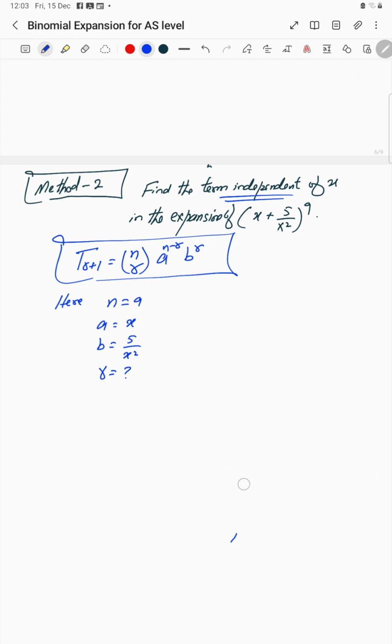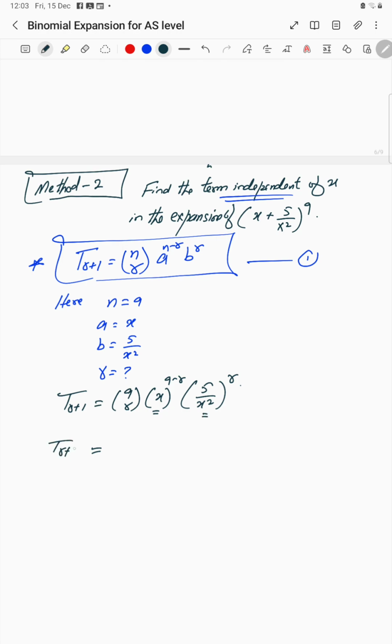So here we apply the rule in this equation 1. This is the rule. So what comes? T(r+1) is equal to 9Cr. A is what? x raised to power 9 minus r. B is 5 over x² power r. We need to write only one term of x instead of these two.